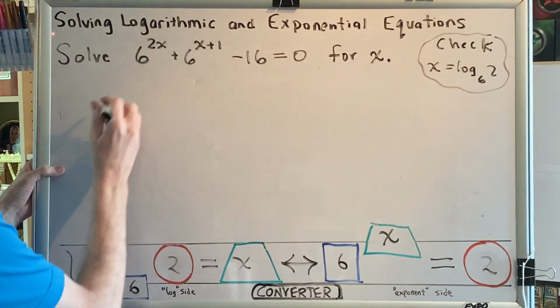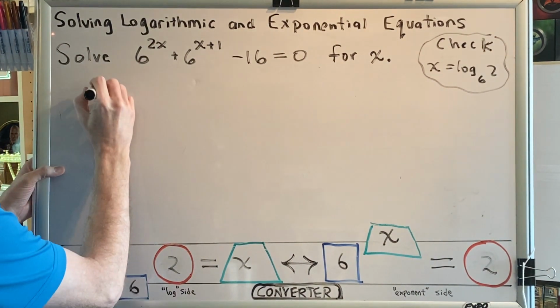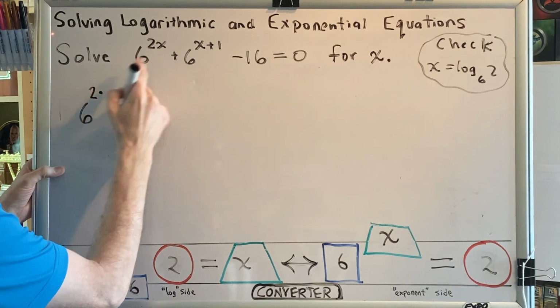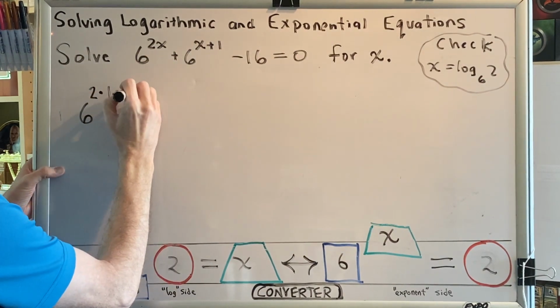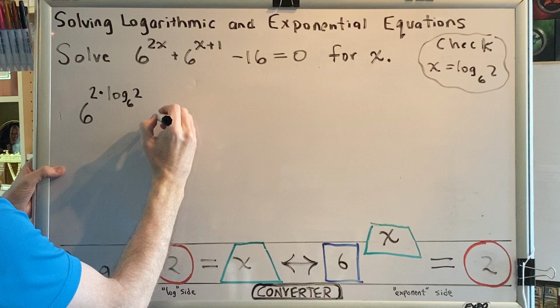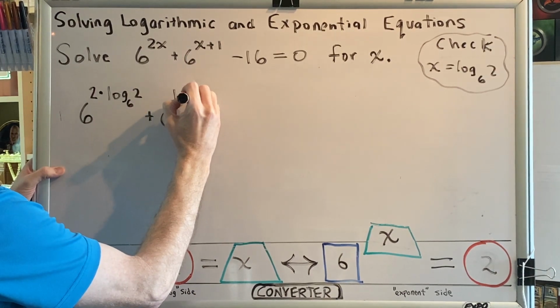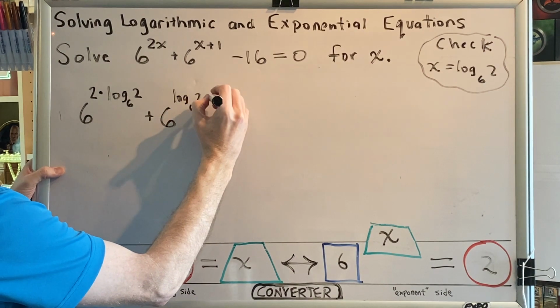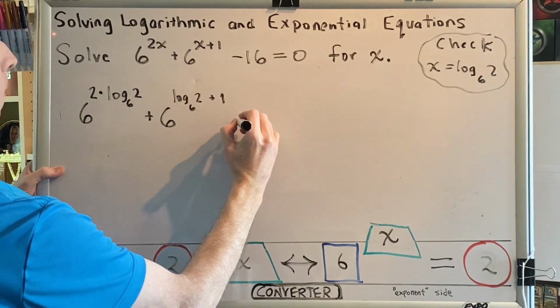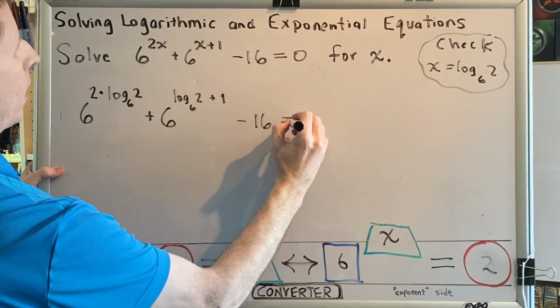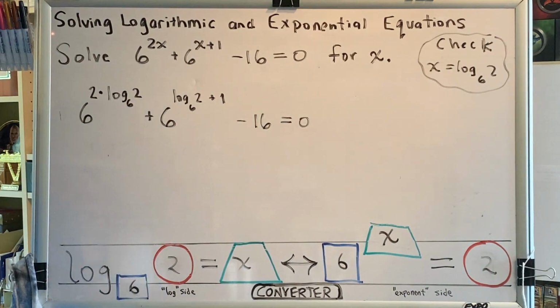Alright, let's begin. So we've got 6 raised to the 2 times x, which in this case is log base 6 of 2, plus 6 raised to the x, which is log base 6 of 2, plus 1, minus 16 equals 0.